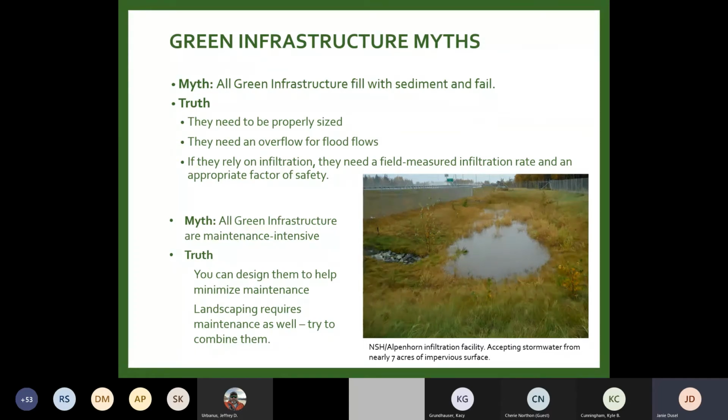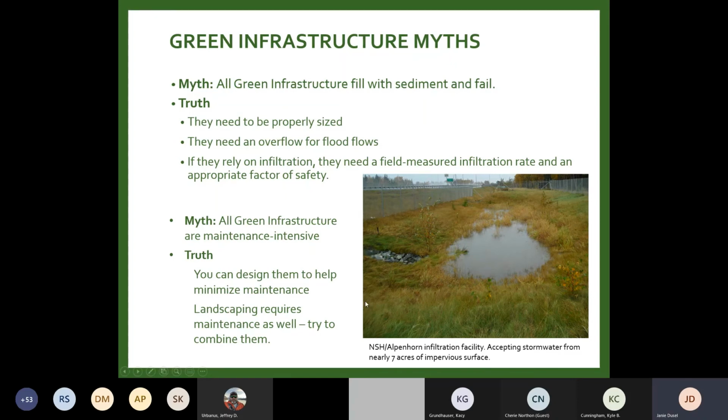When I visited it during construction, I talked with the construction manager, and he told me that they were using this area during construction to capture all of their sediment coming off for their SWPPP controls, for their construction stormwater, and that they were putting all the sediment here. And I cringed and I thought, oh, this is not good, right? The facility's getting a huge incoming sediment load before it ever even has time to stabilize and actually perform the way it was intended. So I was very nervous.